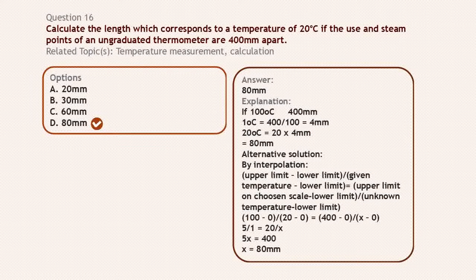So 1 degree Celsius is equal to 400 divided by 100, that will be 4 millimeter. It means that 1 degree Celsius on the standard scale is equal to 4 millimeter on this scale. So if we now have a temperature of 20 degrees Celsius, that becomes 20 times 4 millimeter for this thermometer, and that will be 80 millimeter.